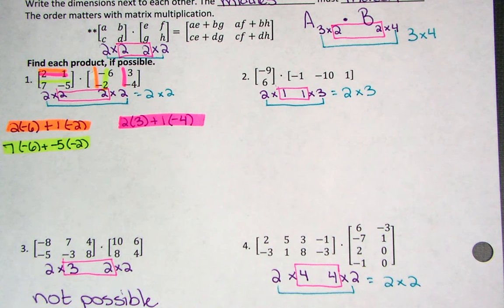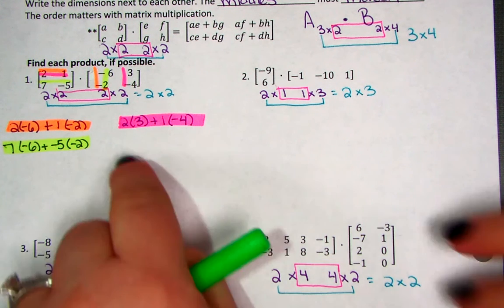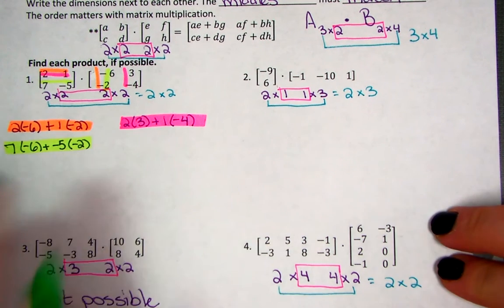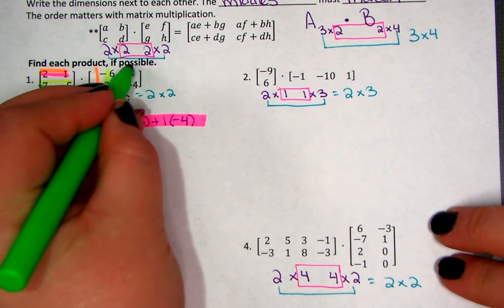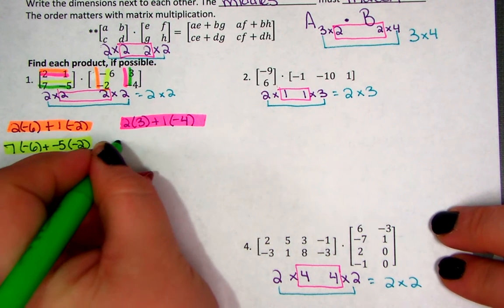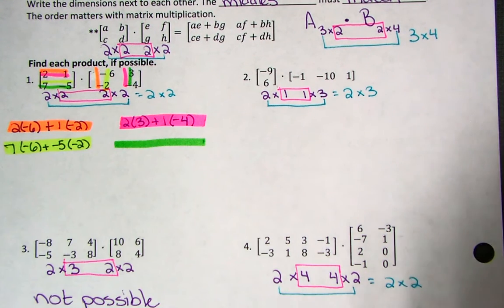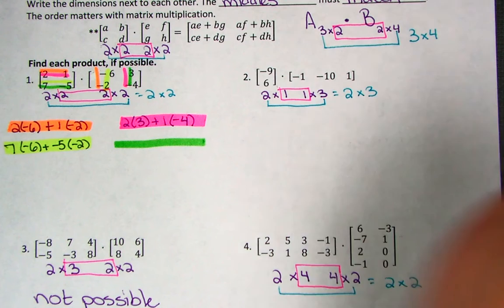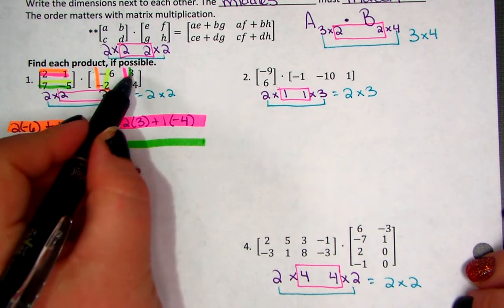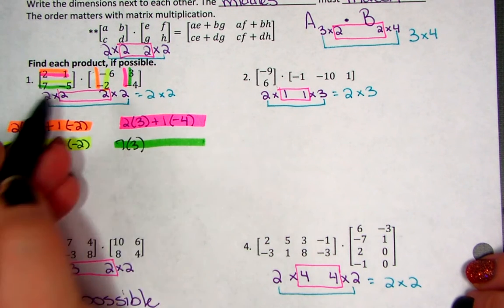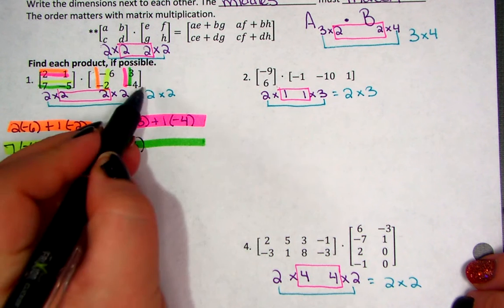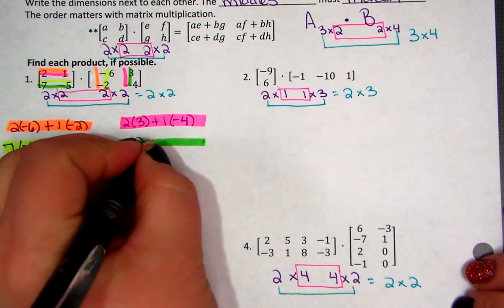And then our last element will be made up by the second row times the second column. And that answer will go in the second row, second column. 7 times 3 and negative 5 times negative 4.